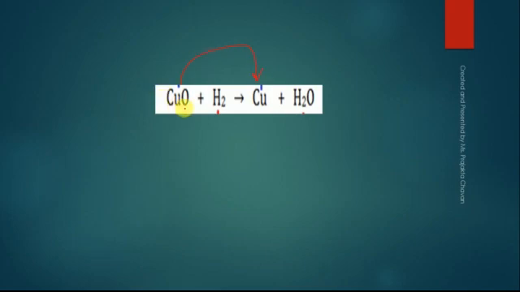Oxygen is getting removed. Loss of oxygen is taking place, and when loss of oxygen takes place for copper oxide, it gets converted to copper. So removal of oxygen is taking place, and removal of oxygen is nothing but reduction.